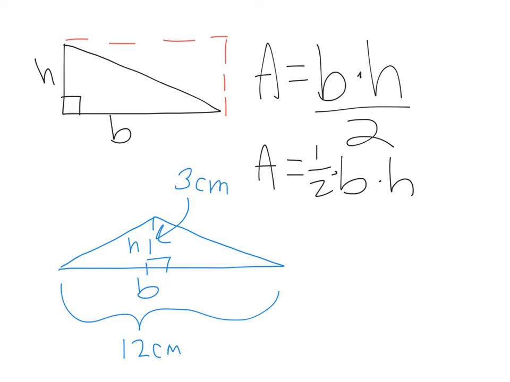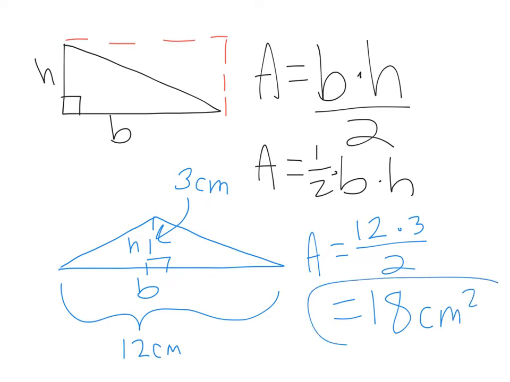Well, my area, using either one of these formulas, either 1/2 base times height or base times height over 2, I'll do the first one. 12 times 3 over 2. Now in my head, like Jason Derulo, if you remember that song, 12 times 3 is 36, divided by 2 is 18 centimeters squared. There we go. We just found the area of that triangle.